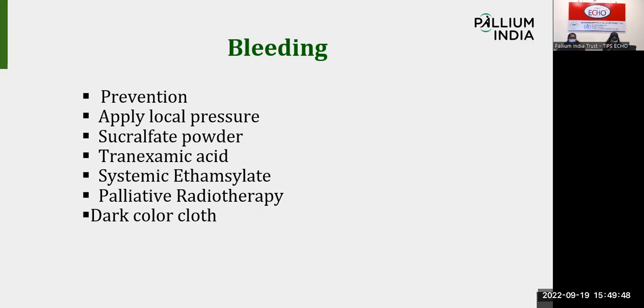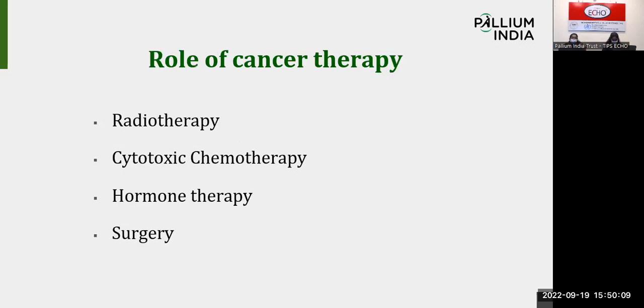If they wipe the blood with white cloth, the patient will panic, and the other relatives also become panic. If they use dark color cloth, nobody sees that red color. So that way we can prevent anxiety.